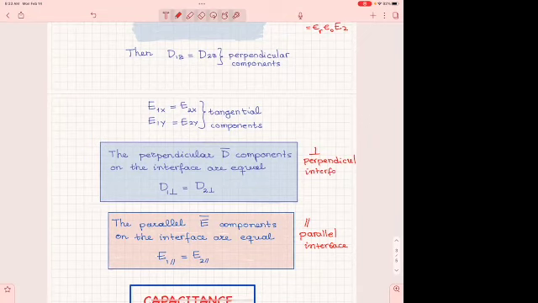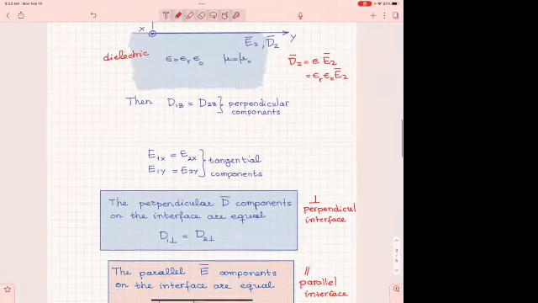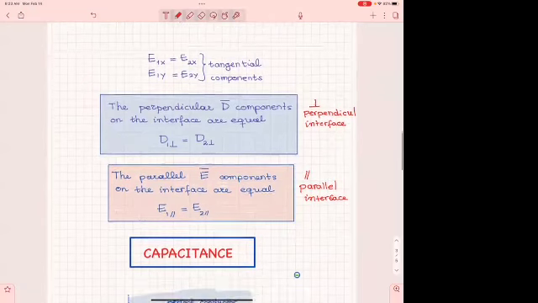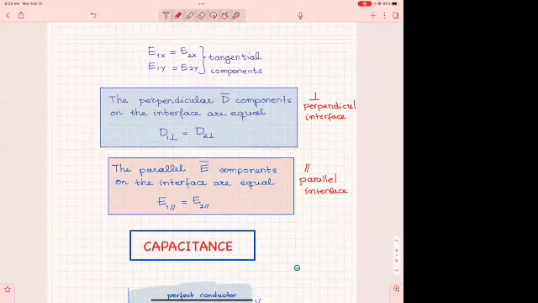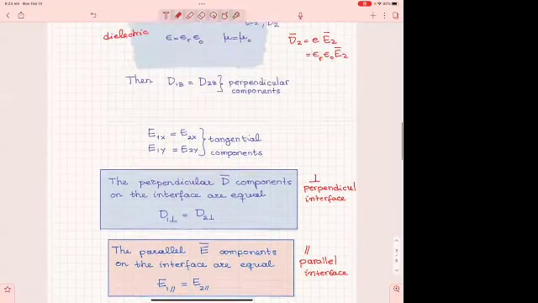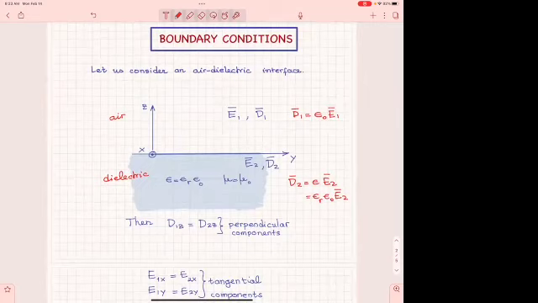All right, so what do the boundary conditions say? They say the following. If you have an electric field, the perpendicular components of the flux density are equal through the interface.